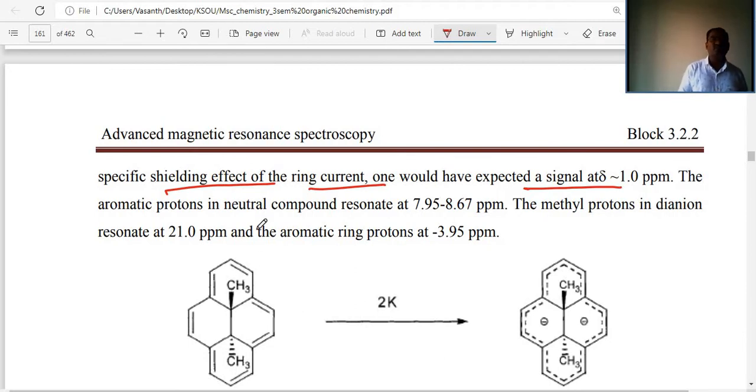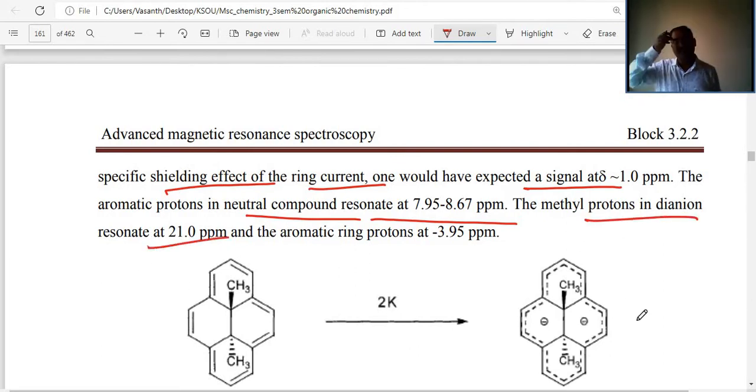The aromatic protons in the neutral compound resonate at 7.95 to 8.67 ppm. The methyl protons in the dianion resonate at 21 ppm. The aromatic ring protons at minus 3.95 ppm.